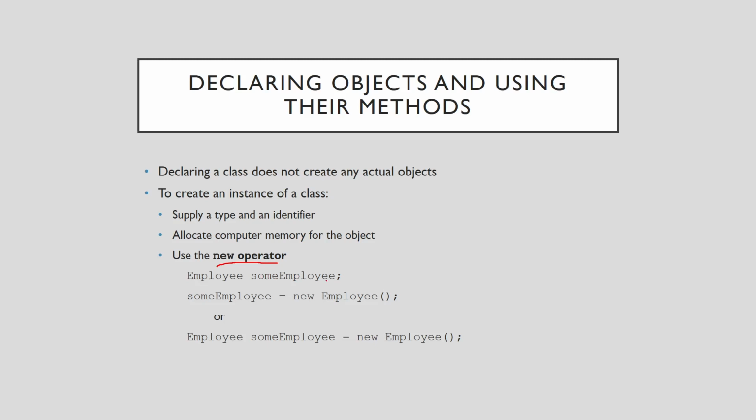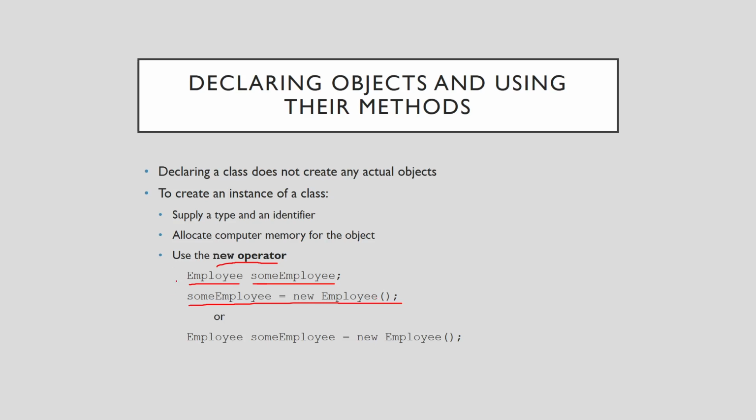To declare an object of the class, we have the syntax: class name, then the object name. In this case, the reference variable some employee is being used. And to instantiate this object, we have the statement some employee is equal to new employee.